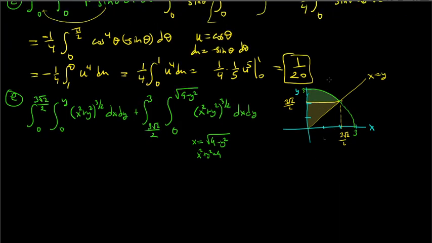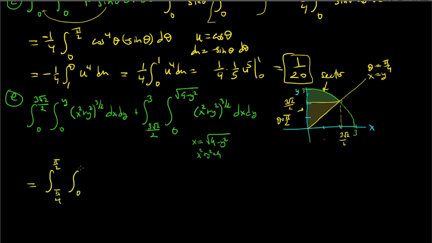Okay, so this is just a sector. We're going from theta equals pi over 4 to theta equals pi over 2. Right? And r just goes from 0 to 3. So, pi over 4 to pi over 2. There we go.